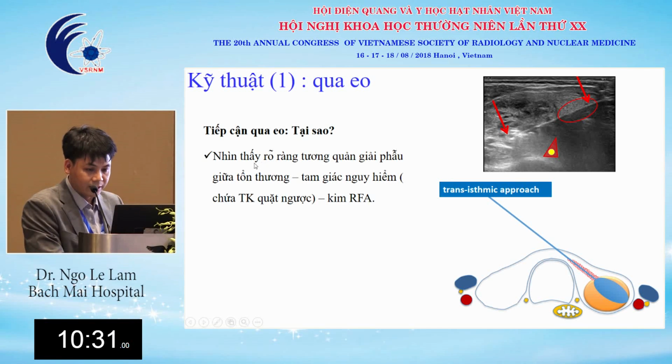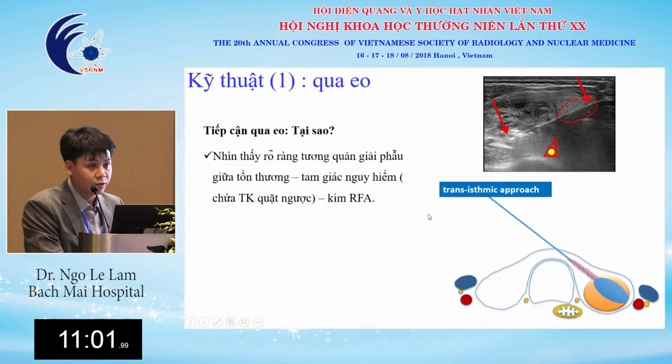Some explanation. From this approach, we can see the relation between the nodule and the isthmus. We can see the anatomy of the adjacent structures. We can see the dangerous triangle. It's quite difficult to see the recurrent laryngeal nerve.